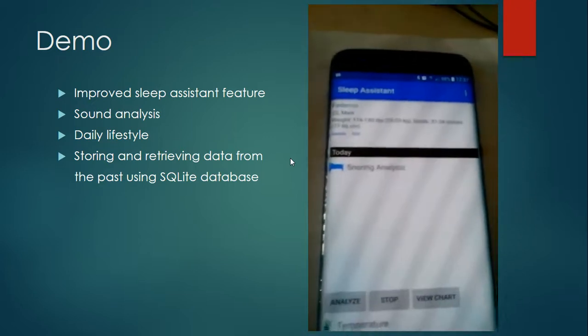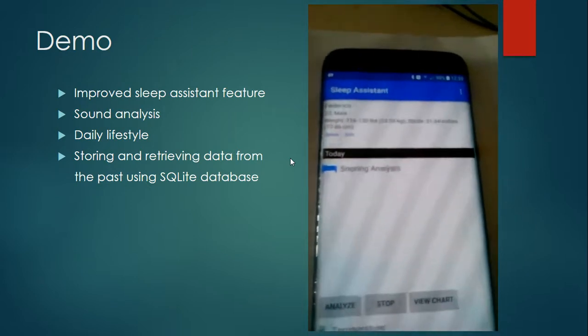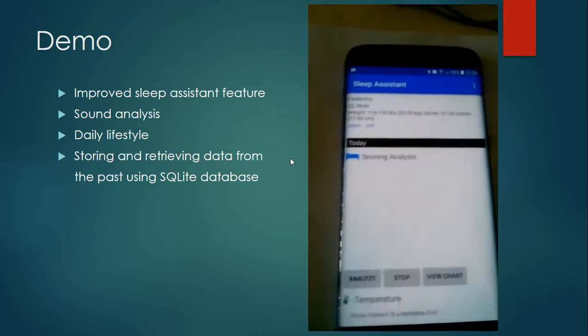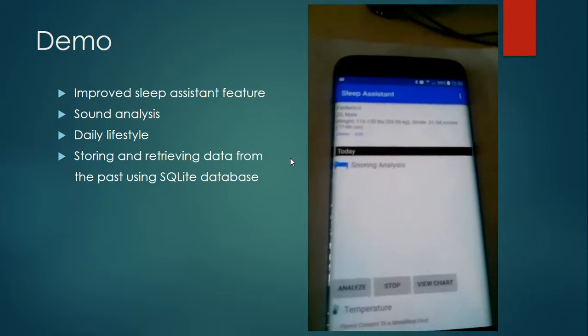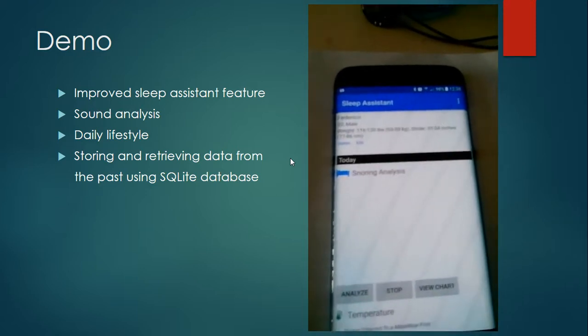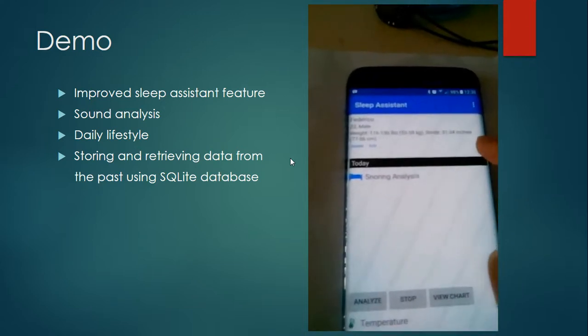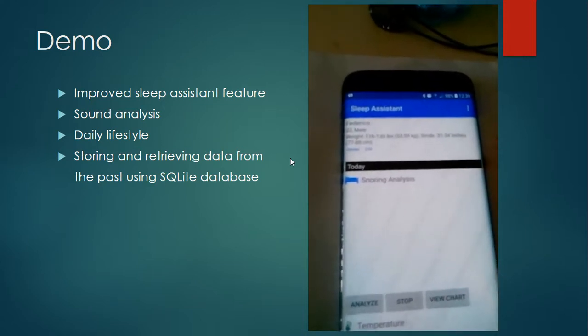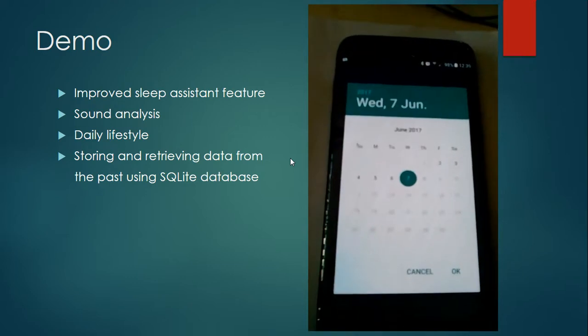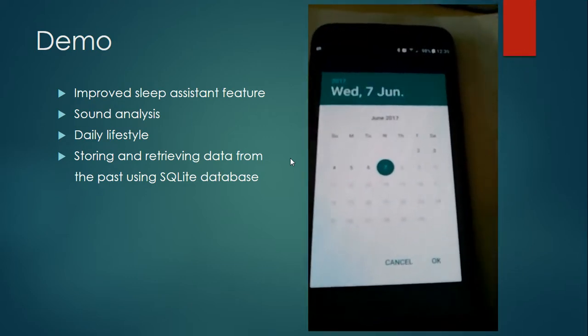So as I have explained to you previously, I have made the database for this application. I would like to show you how to retrieve the data from the database or to view the past data. So you can just click on here. So this is a date picker, which is a built-in library from the Android.